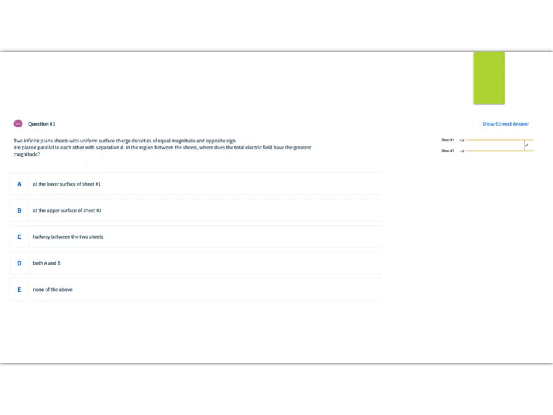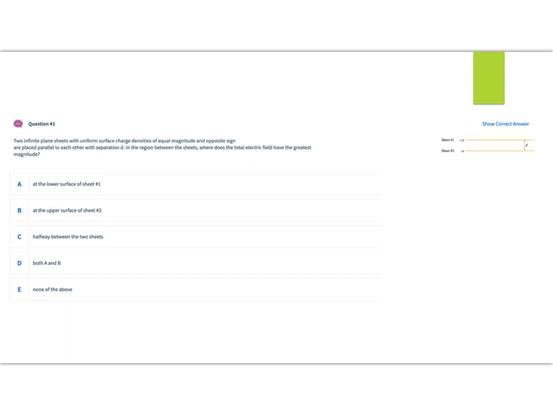The next couple questions are about distributions of charge, and I know that this material seems a lot more confusing and could cause some anxiety. We just want to show you how you can do the calculations to find the electric field due to these distributions. You're not expected to be able to replicate the integration that's done.